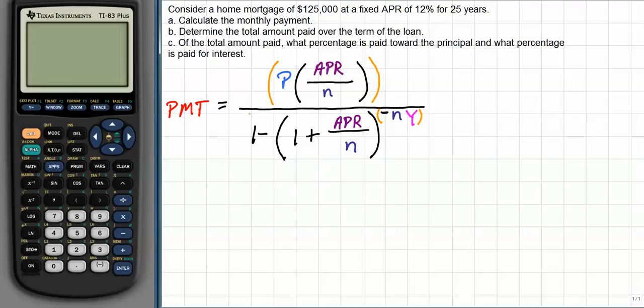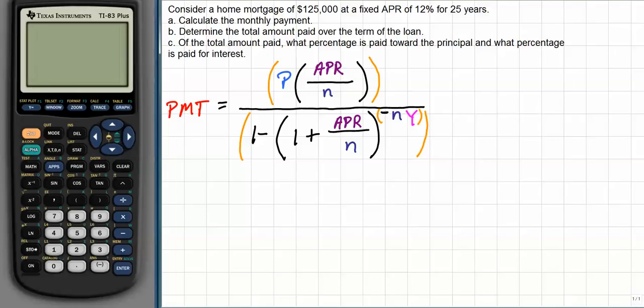I'm also going to add parentheses around the outside. This way I can type the whole thing into my calculator as it's written, and I'm going to show you how to do that using the TI-83 emulator to the left of the screen.